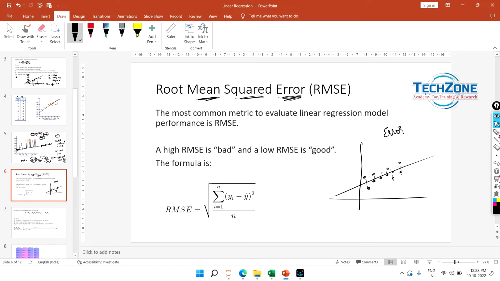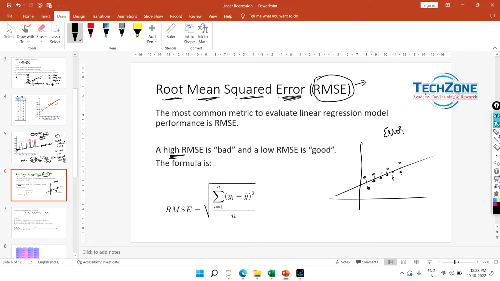And we'll find the mean and the square root of that. So ideally RMSE should be a small number. It should not be high. That's why a high RMSE is bad for us and a low RMSE is good.